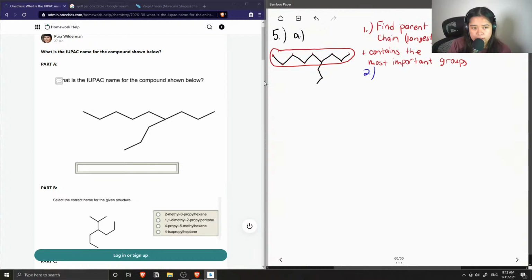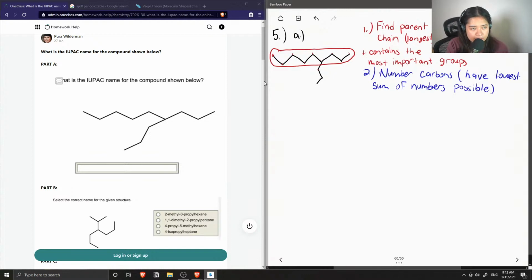So the second step is to number your carbons. And in the end, we want to have the lowest sum of numbers possible.